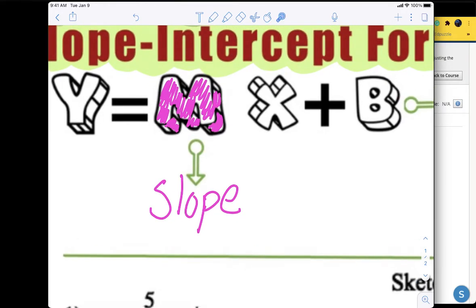So this m is found after y equals, and before x. So it's right in the middle there. After y equals and before x is our slope, our m.